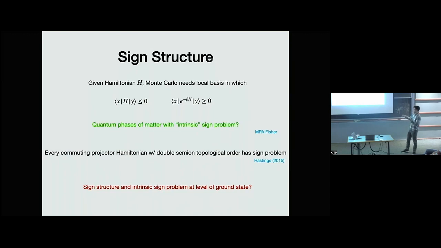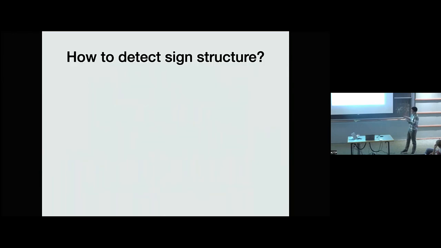This is even stronger than that of a Hamiltonian, because an intrinsic sign problem at the level of the ground state implies that any parent Hamiltonian of such a state also has a sign problem. So this is just to motivate that the sign problem is not just a computational question, it's deeply tied to the physics of matter. So this now begs the question, how do we detect sign structure?